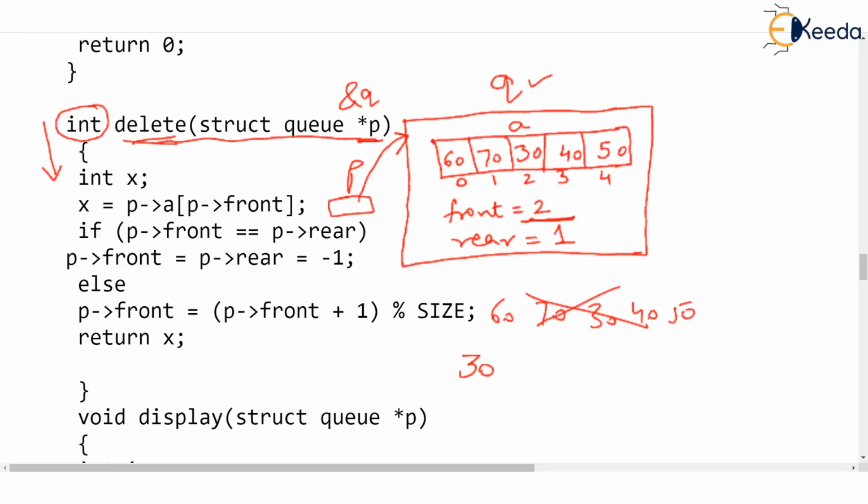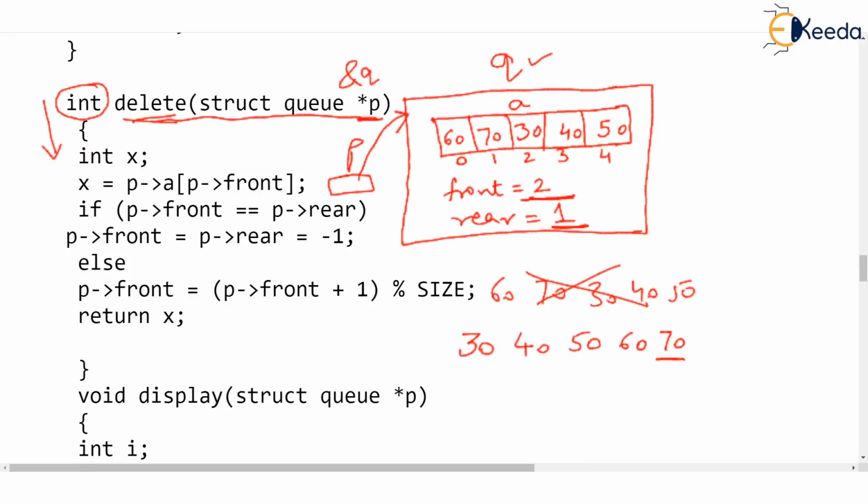So the frontmost element of the queue is not 60. The queue actually begins at the second location. And of course, after that, it would be 40, then 50. And then after 50, you will go circularly back to position 0, and 60 is the next element and 70 is the rearmost. You can see that 70 actually is the rearmost because rear has a value 1.